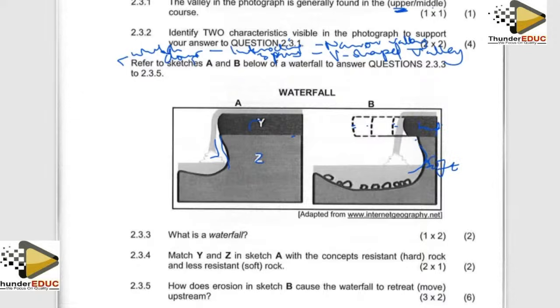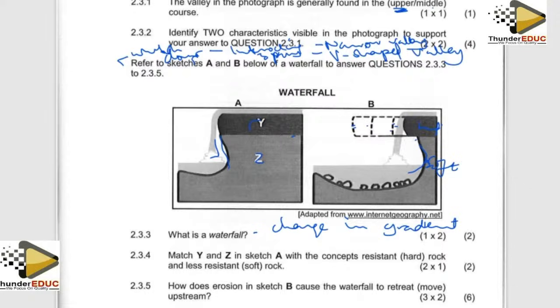What is a waterfall? A waterfall is a change in gradient, or when a river flows over a hard rock down the stream. Now match Y and Z with the figure in sketch A with the concepts related to a hard rock and a less resistant rock. We said Y is a hard rock because you can see the speed at which it is declining is not the same.